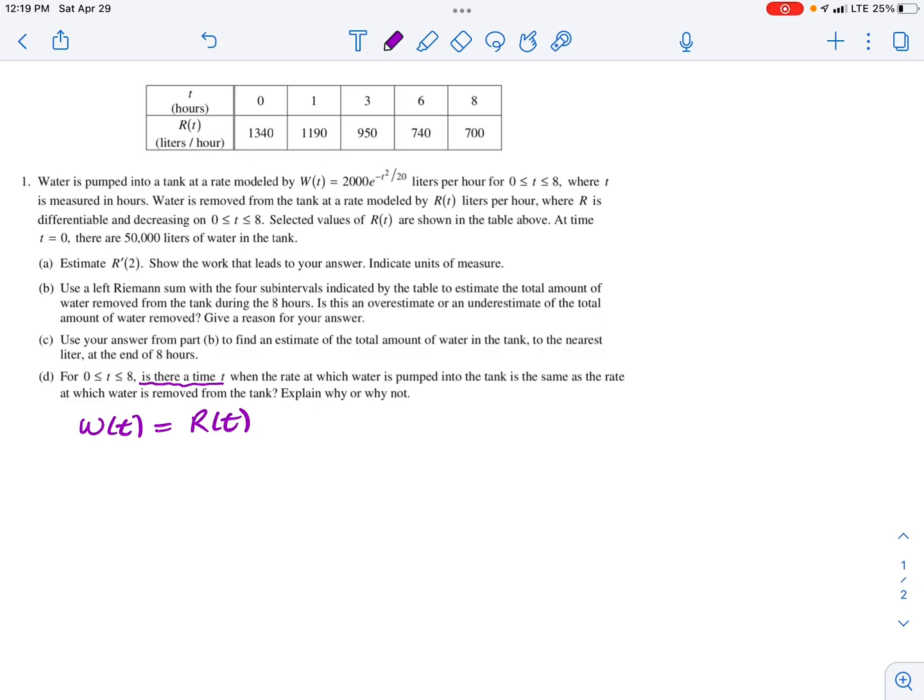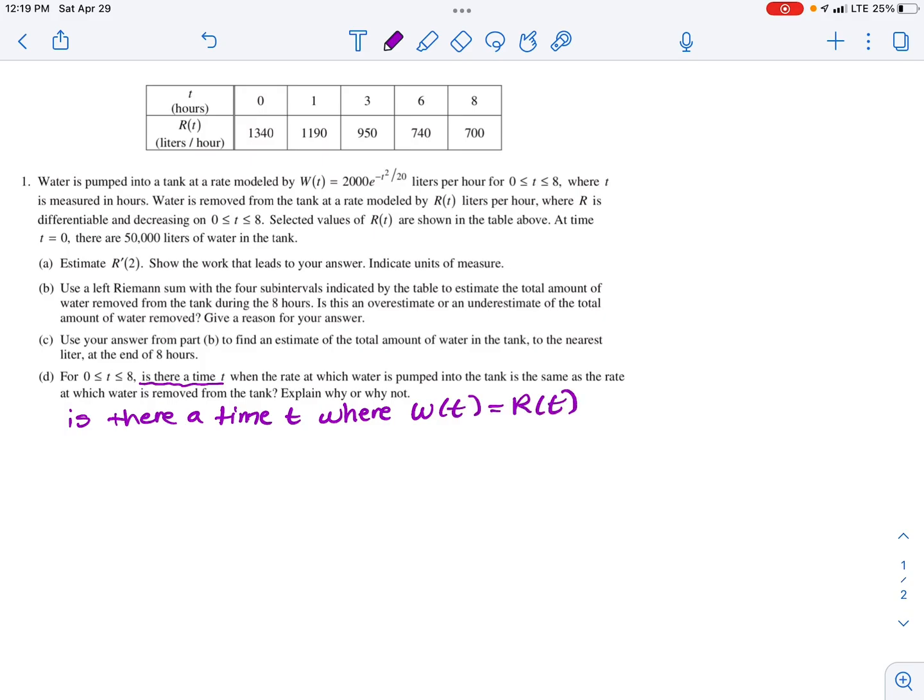So in other words, it's asking, is there a time t where W of t is equal to R of t?